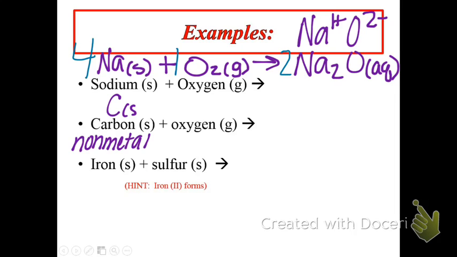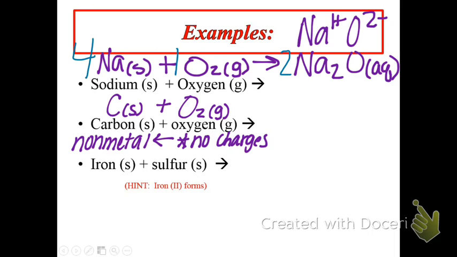Carbon, so they're telling you it's a solid. And again, it's not part of the magic 7, so it doesn't need a 2. Oxygen, however, is part of the magic 7, so it needs a 2. Now keep in mind, non-metals, if it starts with non-metals, no charges. Okay, just combine them together. CO2.